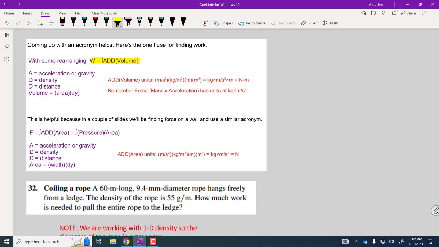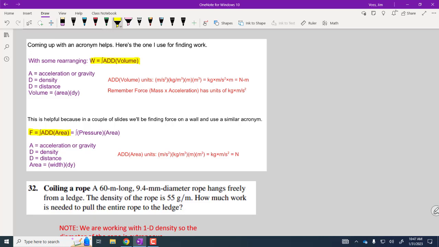We're going to end up doing some other problems where we just have to find force, and our problem is going to be set up in a very similar way. We'll do ADD area. And let me just point out one thing. We'll get into the details of that. The units are all here. You can look at that and carefully analyze it. Force times distance gives work, right? If we have area and we multiply by one other unit of distance, area becomes volume and we're back up here, right?